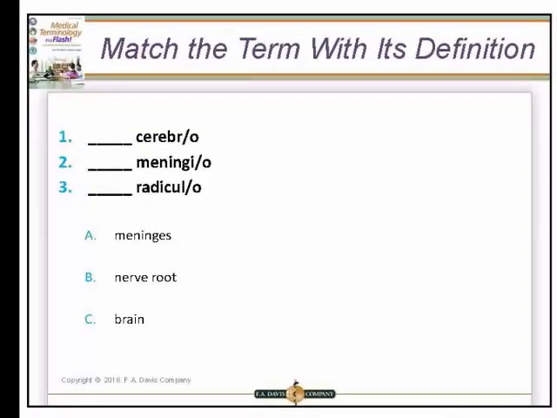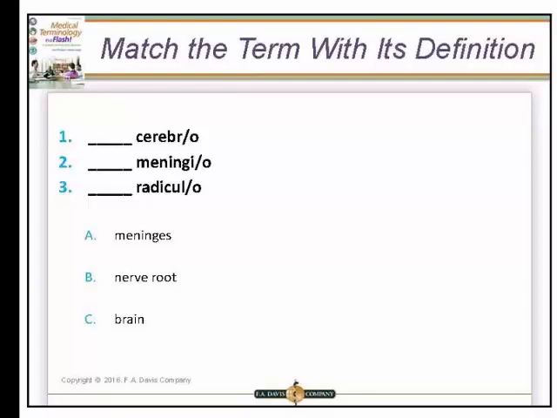Lumbar puncture, LP, puncture of the subarachnoid layer at the fourth intervertebral space to obtain CSF for analysis. Magnetic resonance imaging, MRI, the use of an electromagnetic field and radio waves to create visual images on a computer screen.